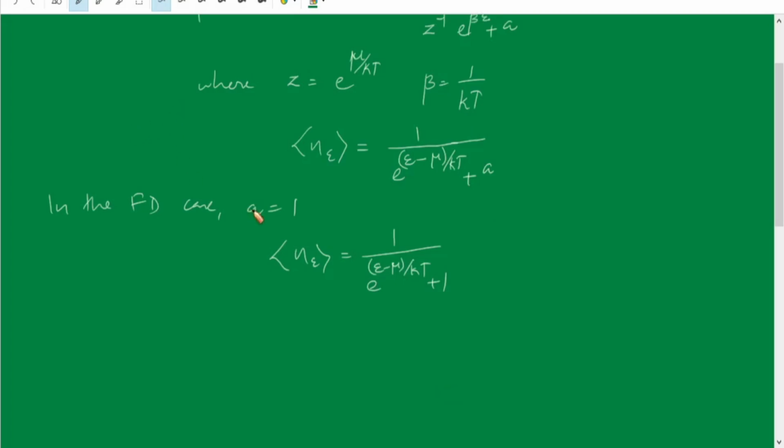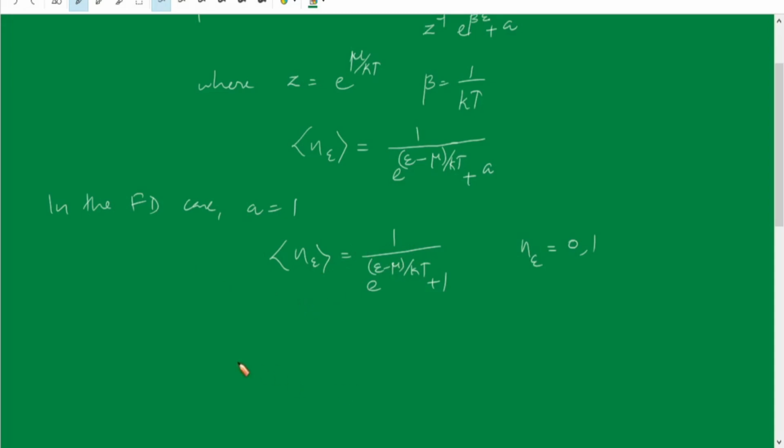This number is never greater than 1, because this is the average of all N_E. N_E can have value either 0 or 1. So if you average all these 0s or 1s, you will not get a number greater than 1. So this is always less than or equal to 1, the mean occupation number in the case of Fermi-Dirac.